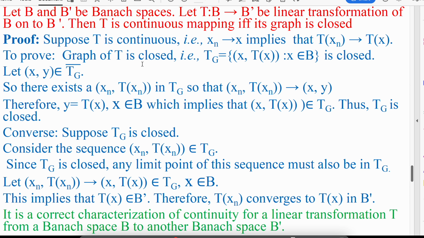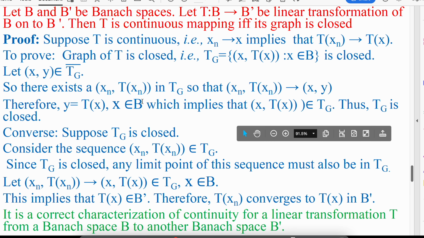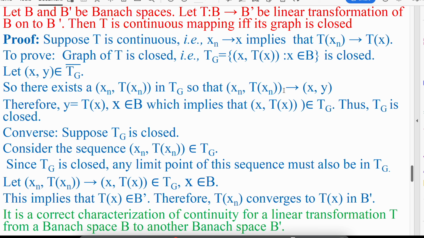To show that this graph is closed, suppose (x, y) belongs to its closure, Tg bar. Because (x, y) belongs to the closure of Tg, where Tg is the graph of T, there exists a sequence (xn, Txn) in the graph of T that converges to (x, y).